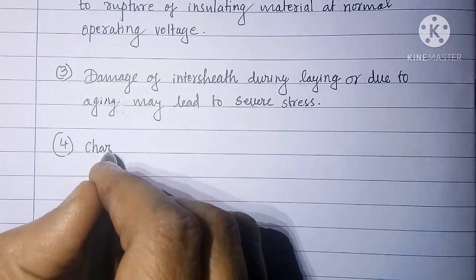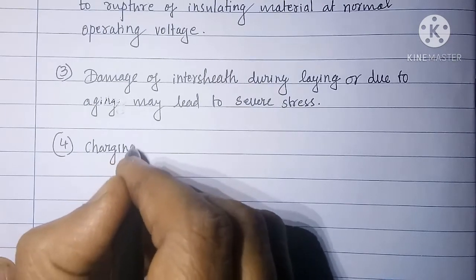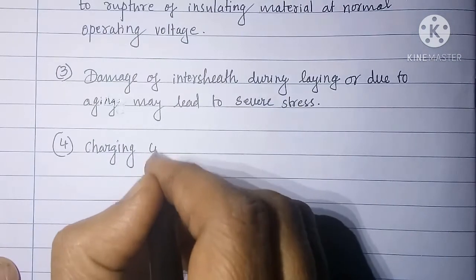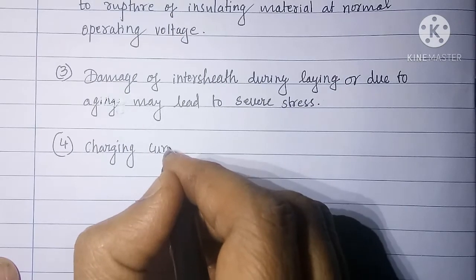If intersheath grading is used, then charging current would flow through the intersheath, thereby overheating it.